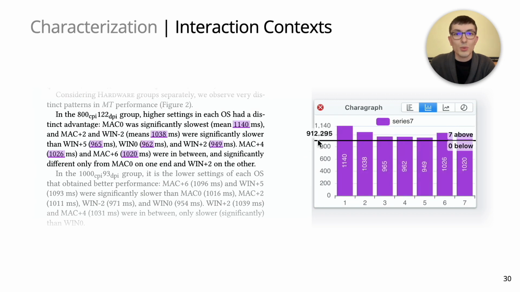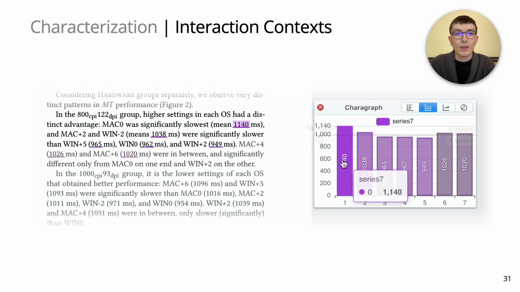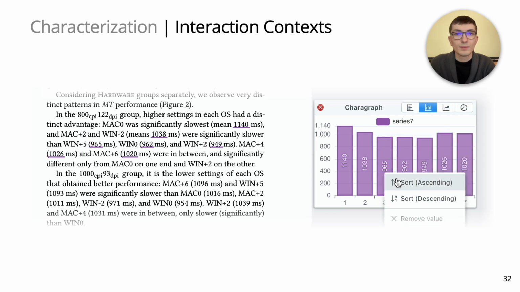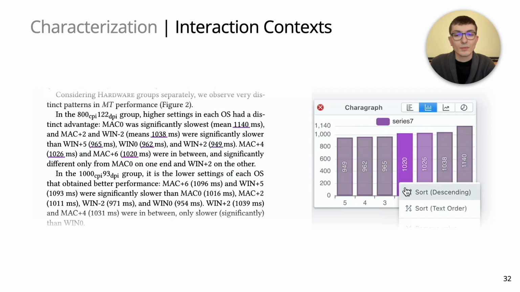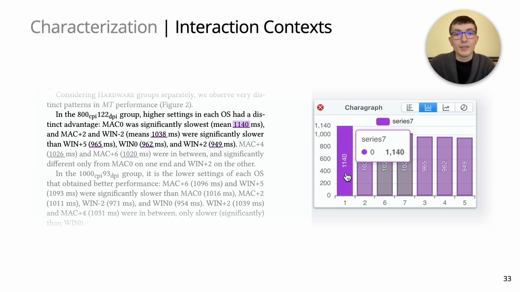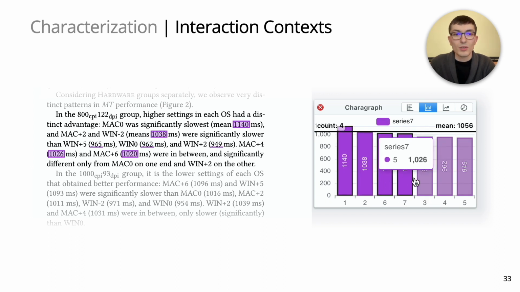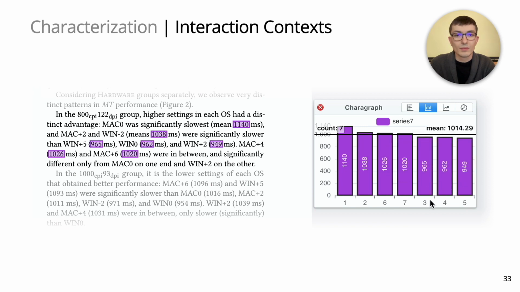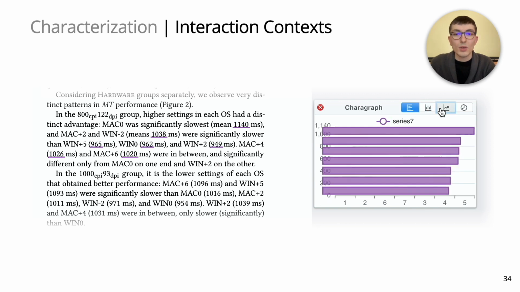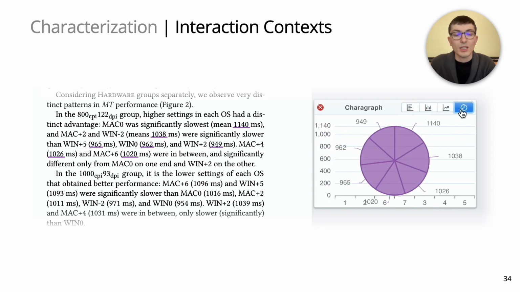Interacting with the chart supports several data exploration tasks, such as filtering the values above and below a threshold, comparing two values, sorting the different values, and calculating the mean of the selected values. And of course, the chart can be customized and turned into a line chart or pie chart if more appropriate.